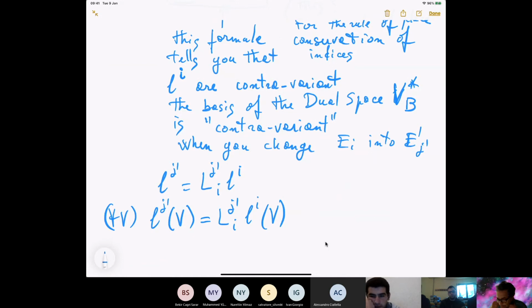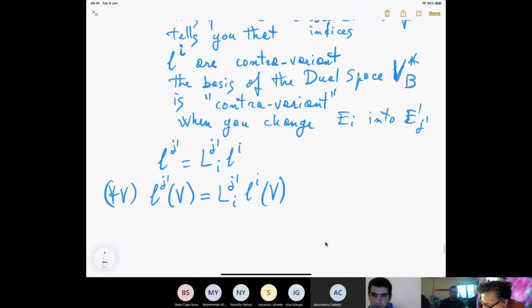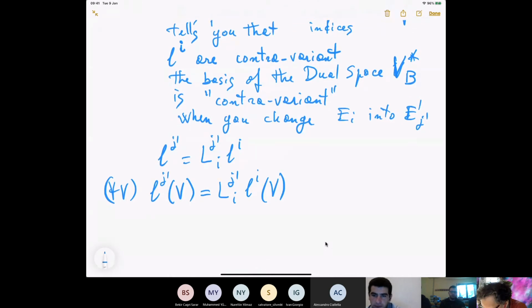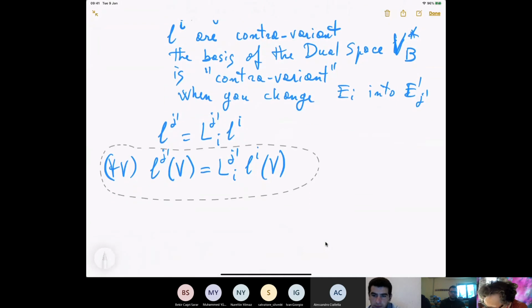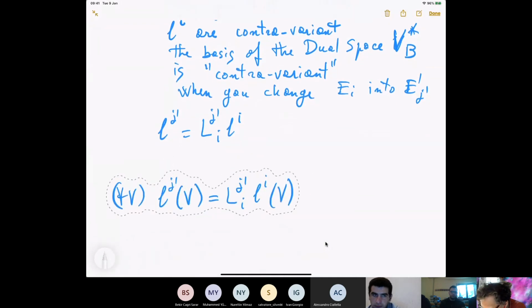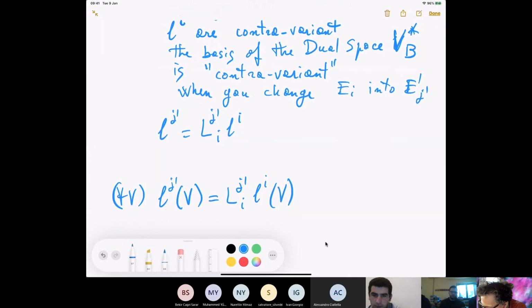Two functions are the same if and only if their image for every vector, for every element of the domain, are equal. Okay, so let me write in a better way. These two statements are equivalent.